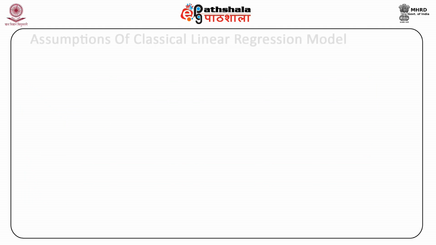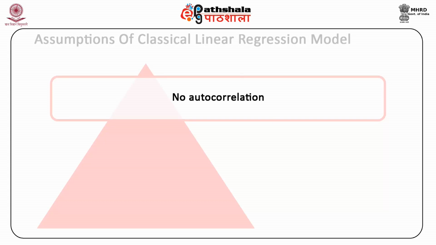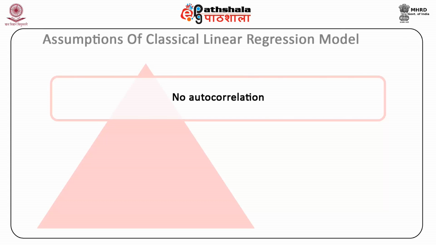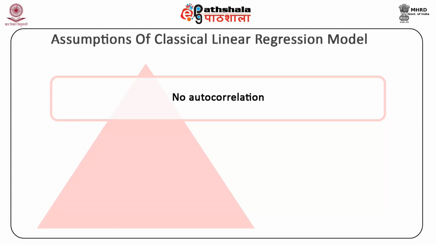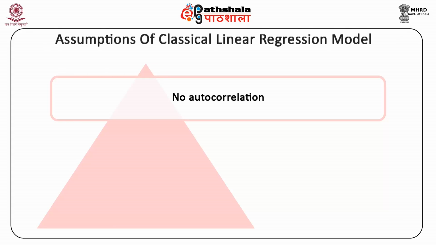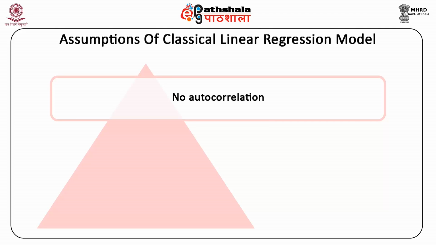That is, it neither increases nor decreases as x varies. Assumption 8. No autocorrelation between the disturbances, or we can say that the values of u are serially independent and their covariance is accordingly 0.